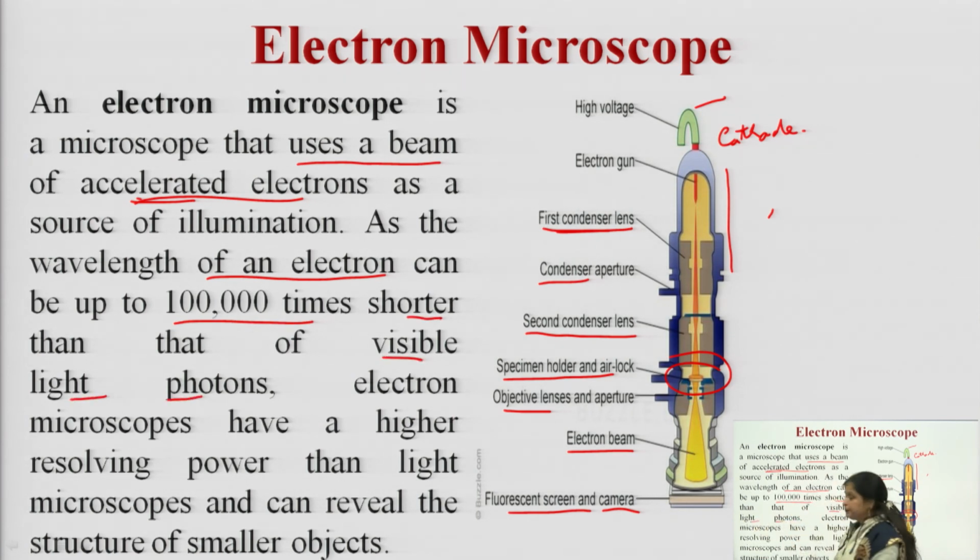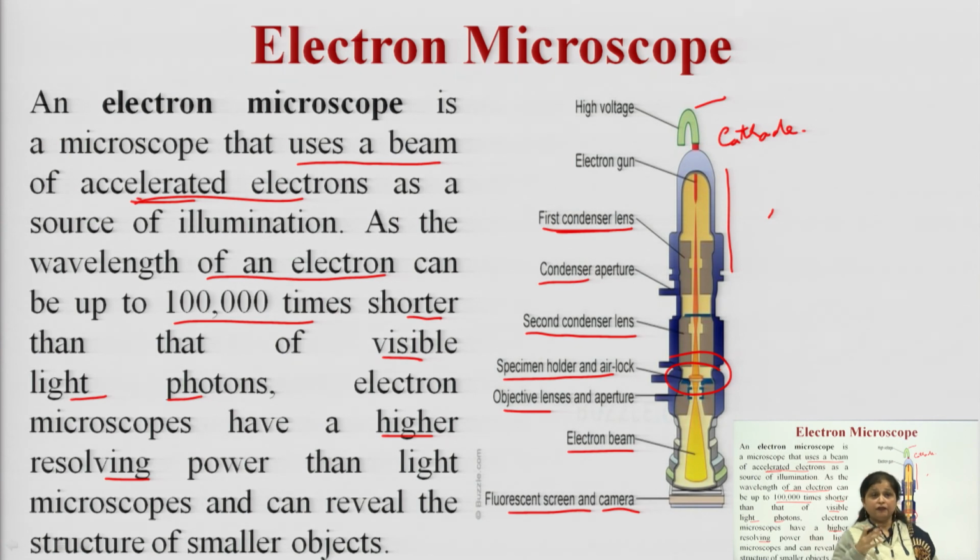As you can see, light microscopes have a higher wavelength, whereas electrons have 1 lakh times shorter wavelength, which passes through the specimen, and that is why it has the higher resolving power. So, electron microscope as compared to the light microscope always has higher resolution.